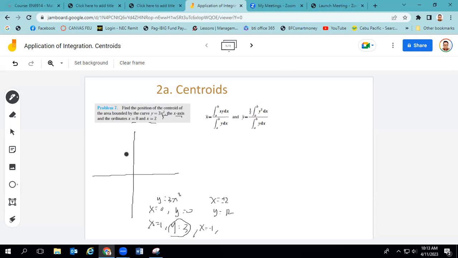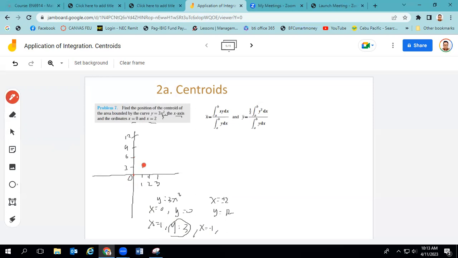So if you plot, let's say you have here 0, and x is 1, 2, 3, and here y is 3, 6, 9, and 12. When x is 0, y is 0. When x is 1, positive and negative 1, that's the same, y is equal to 3.